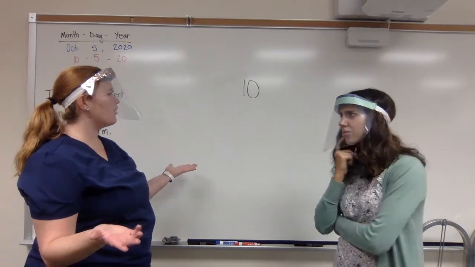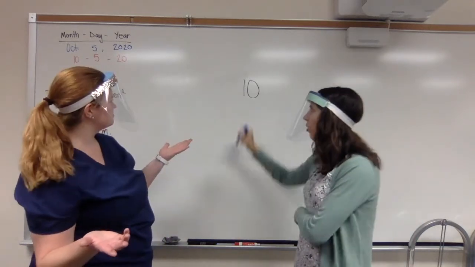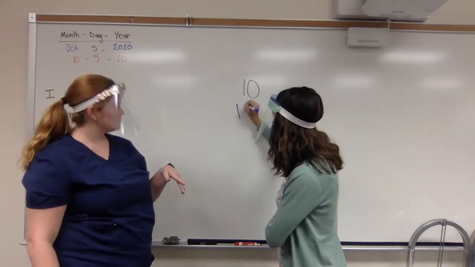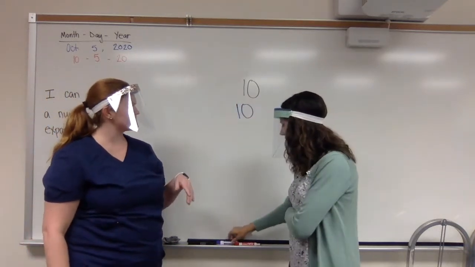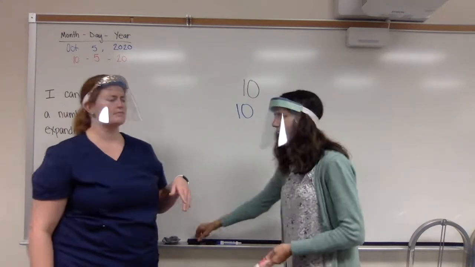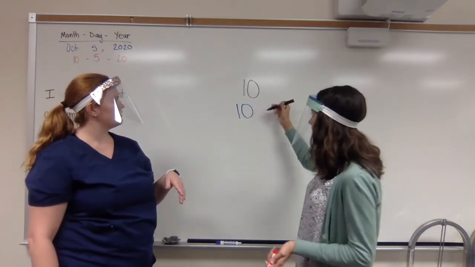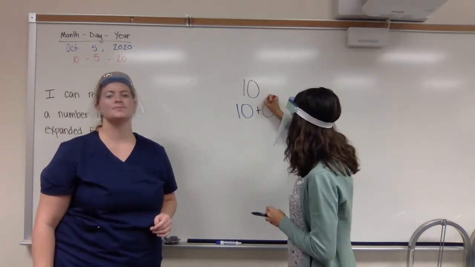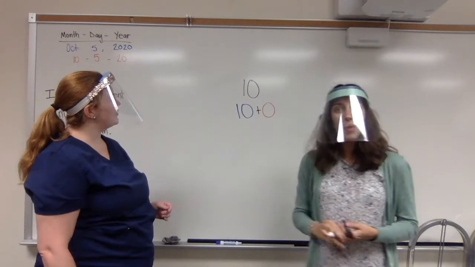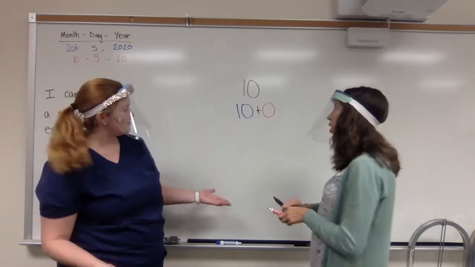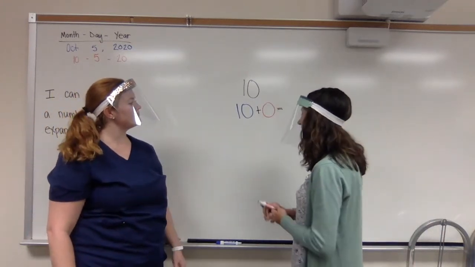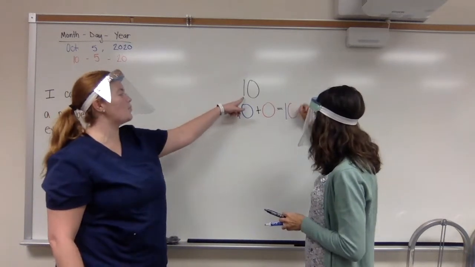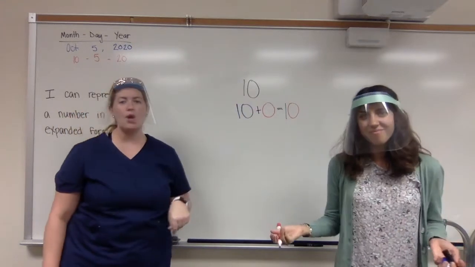I still know that a 1 in the tens place would be worth 10. But then, if I didn't put down any ones, because there are 0 ones, then I would be adding 0. And 10 plus 0 should equal 10. So we saw there was 1 ten and 0 ones.